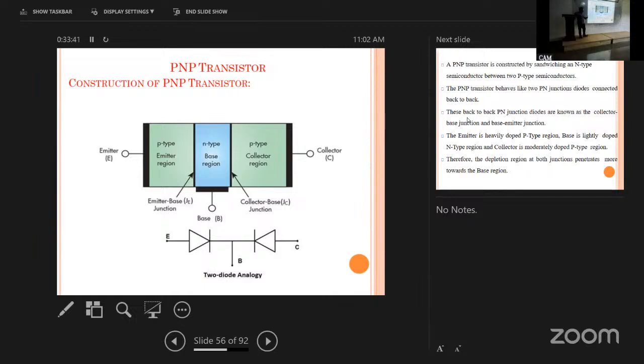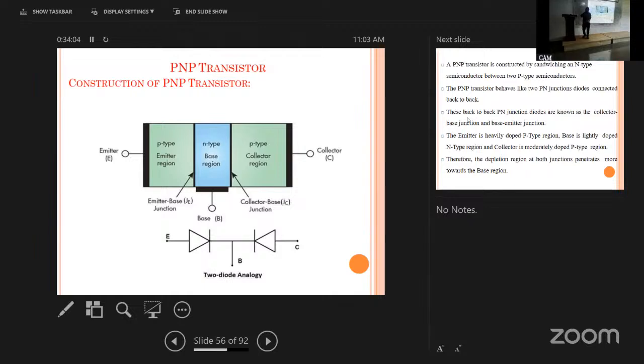For example, I am taking emitter positive, base negative, as the input terminals. And output terminals, collector positive, base negative. So base is common for the transistor.